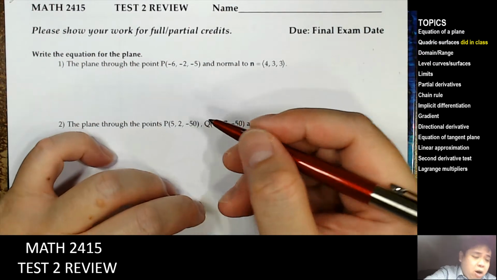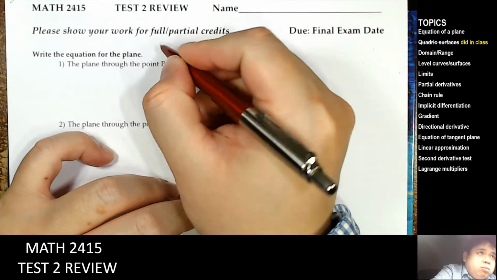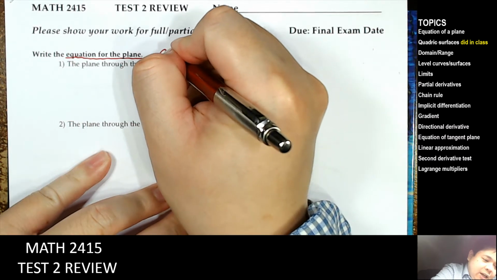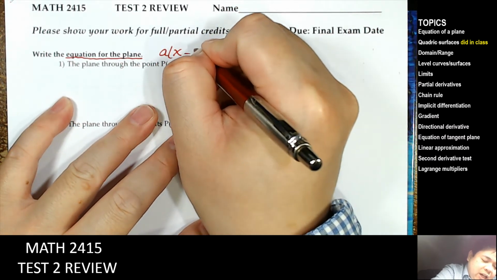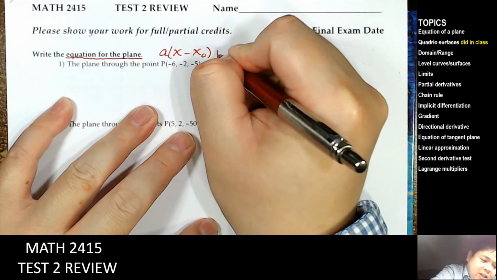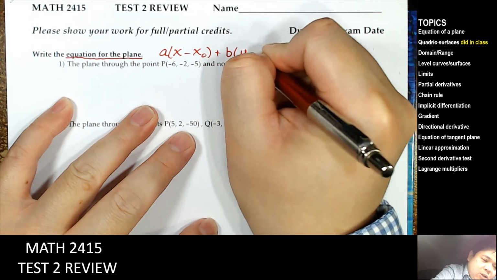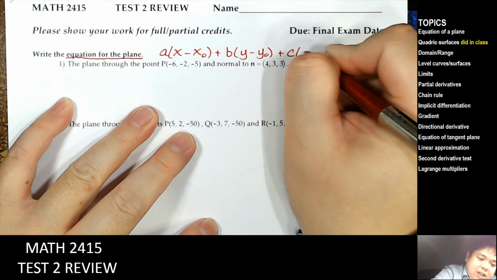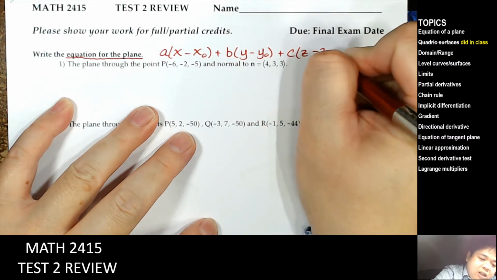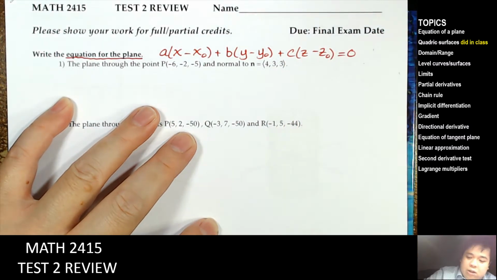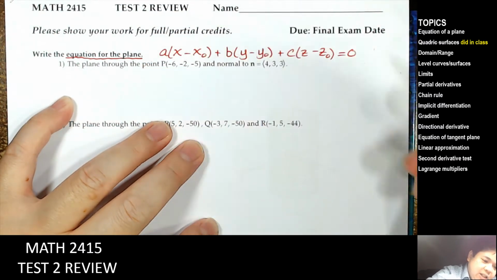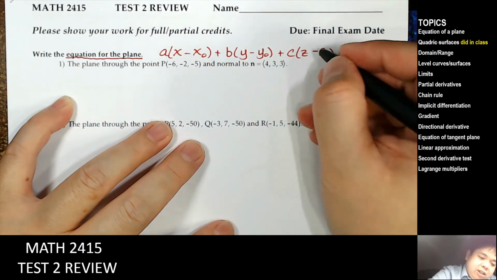So equation of a plane is a(x minus x naught), b(y minus y naught), and c(z minus z naught) equal to 0, where a, b, c is a normal vector.